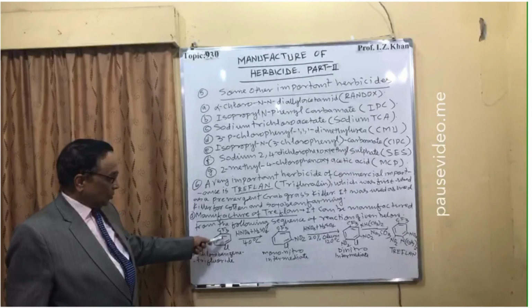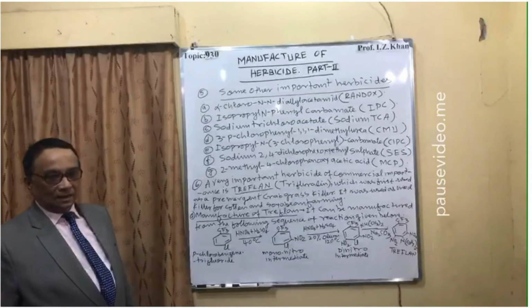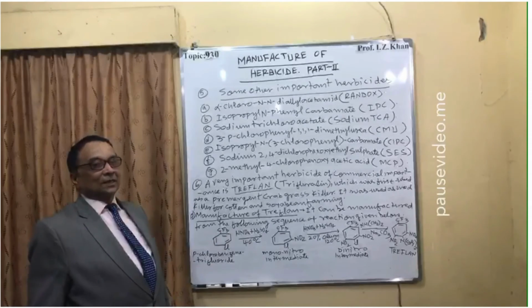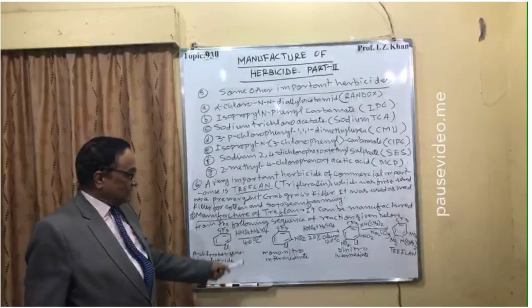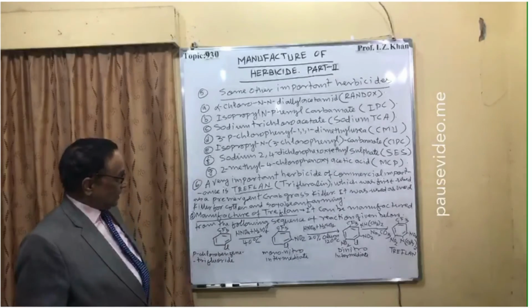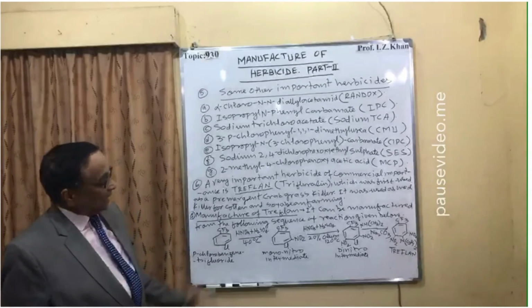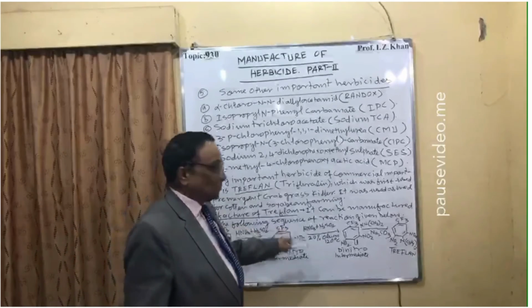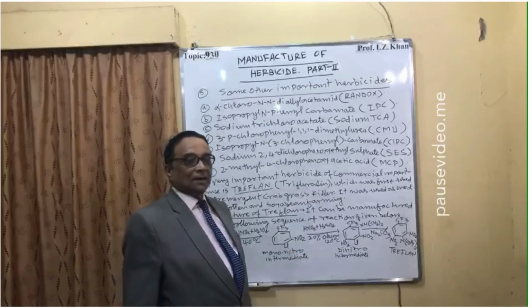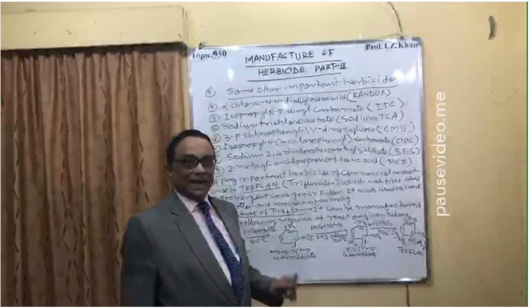So this is parachlorobenzotrifluoride, and when it is subjected to nitration in the presence of concentrated nitric acid and sulfuric acid at 40 degrees centigrade, after nitration it will be converted into a mononitro intermediate, and further this mononitro derivative is again subjected to nitration in the presence of concentrated nitric acid and sulfuric acid, that is called the nitrating mixture.